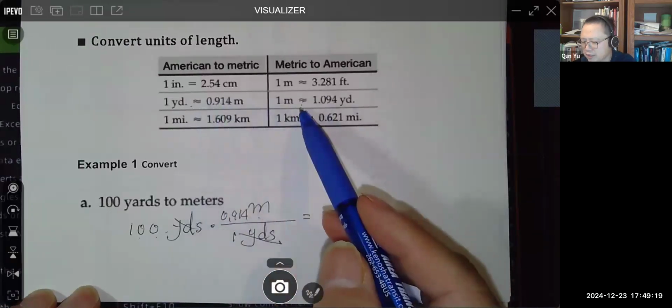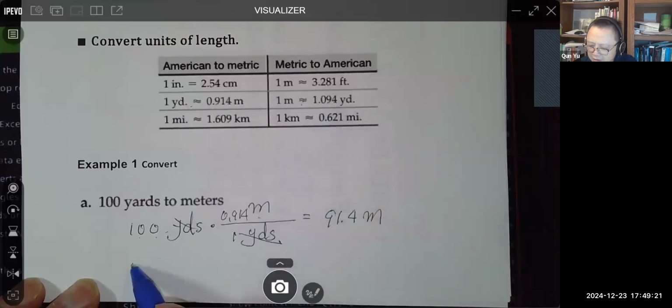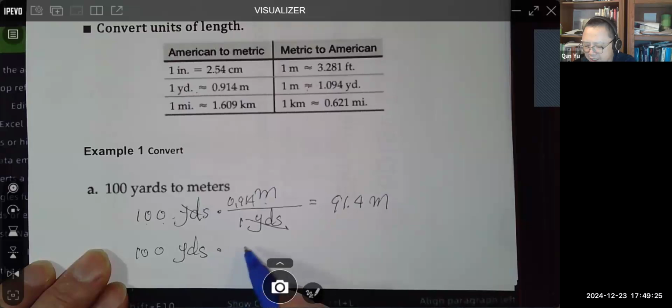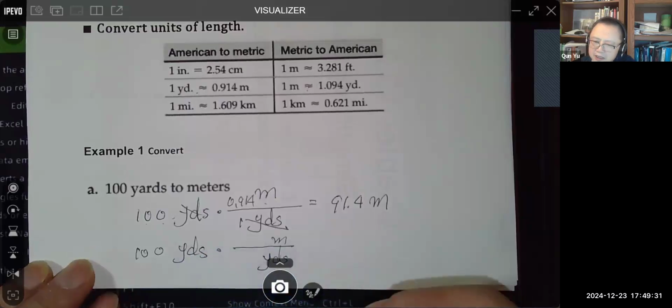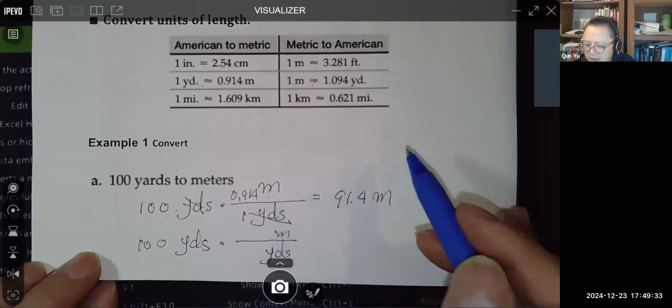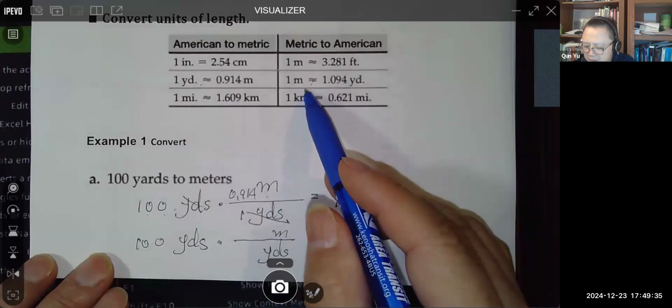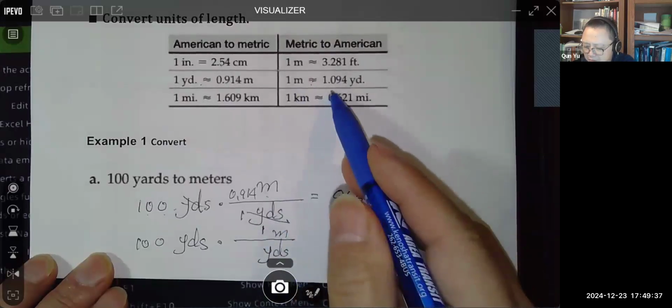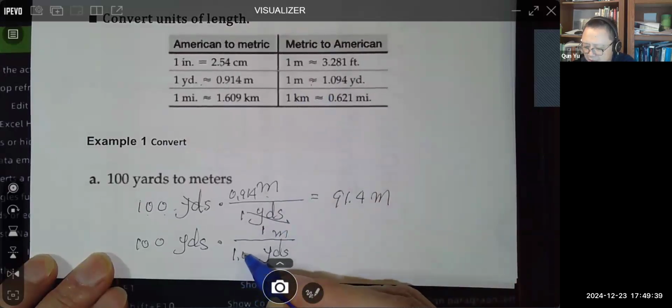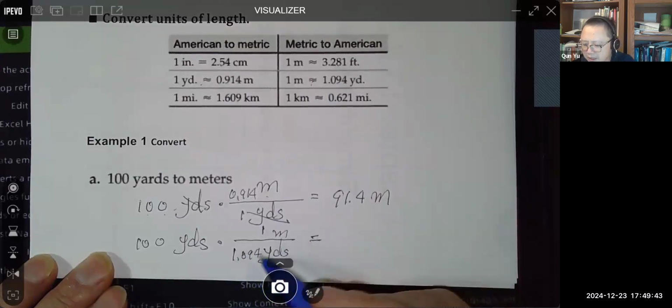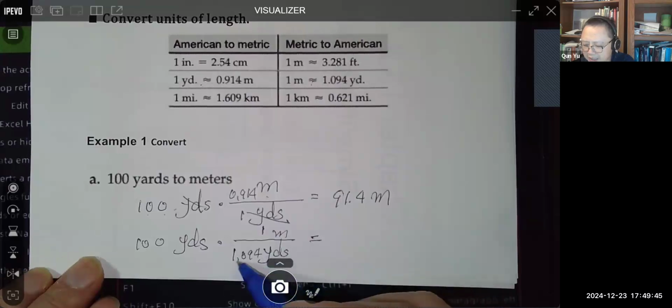Now let's redo it using the second one. I still start with 100 yards. I still multiply by a fraction. I still put yard on the bottom and meter on the top, because we still need the same structure. Now let's use the second number. It says 1 meter equals 1.094 yards. Since there's a 1.094 on the bottom, we call it a divisor. We need to divide by this number.